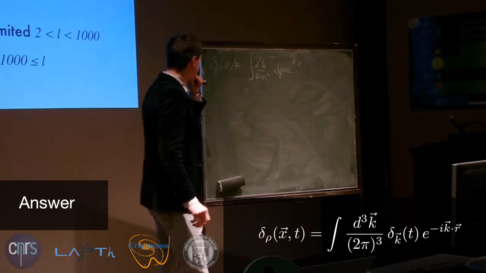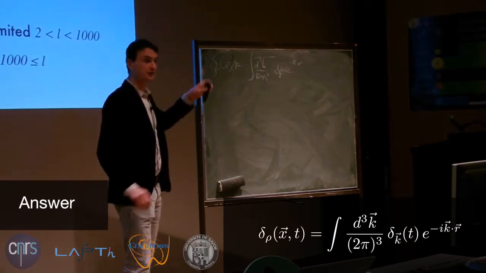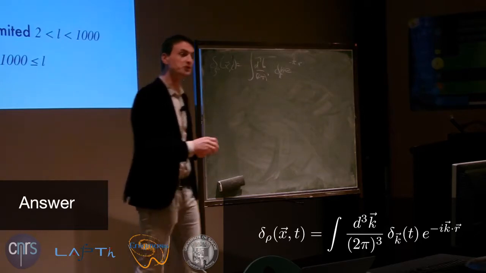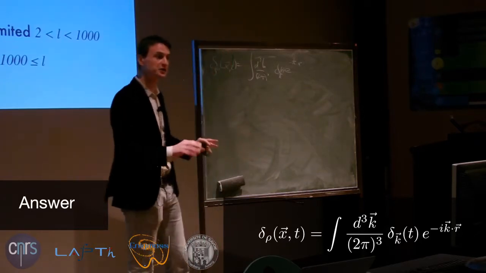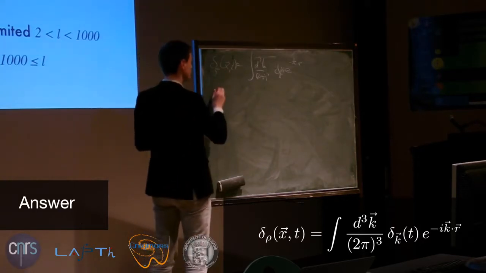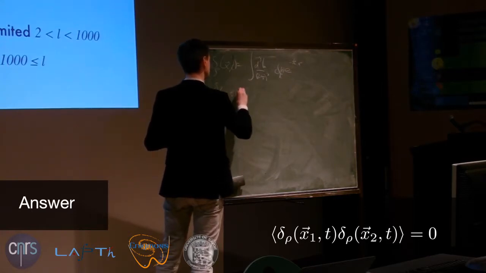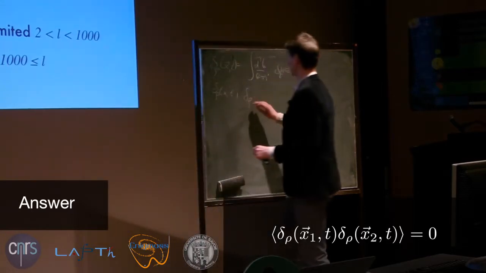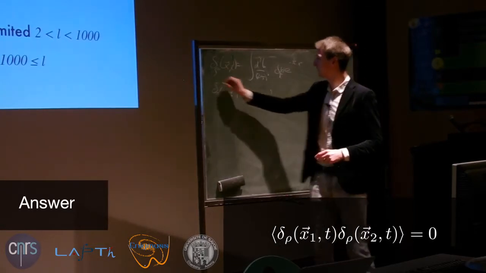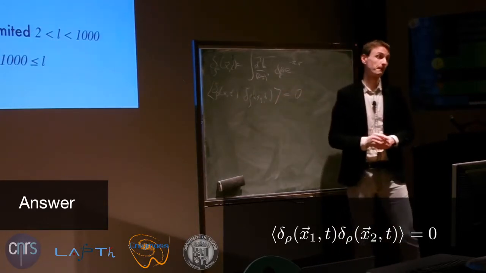Now I need to jump ahead a little bit to inflation. If these perturbations are drawn randomly, that tells you something about the origin of the universe. If they're drawn completely randomly, not a Gaussian random field, so no correlations, then the correlation between my delta rho at point x1 and t, and delta rho at point x2 and t, if it's an absolutely random field, would be 0.